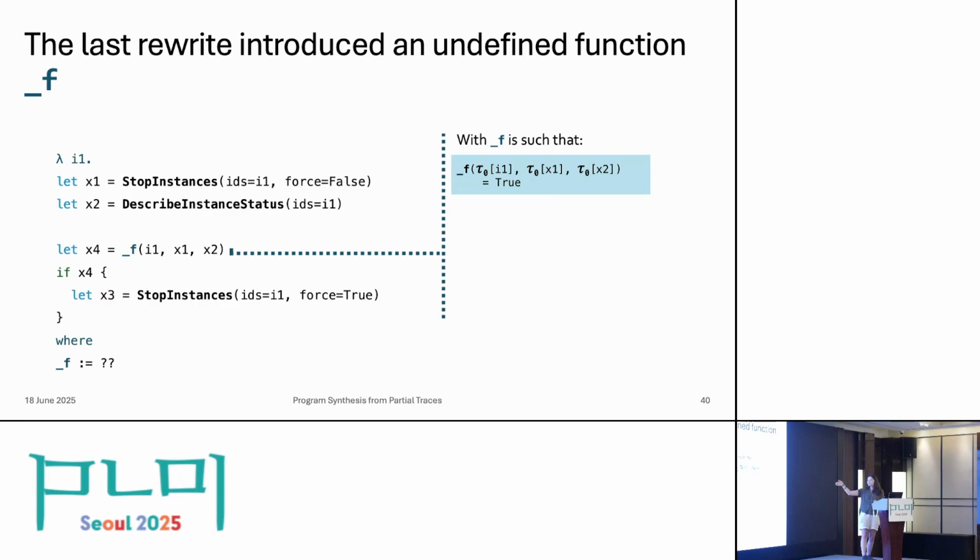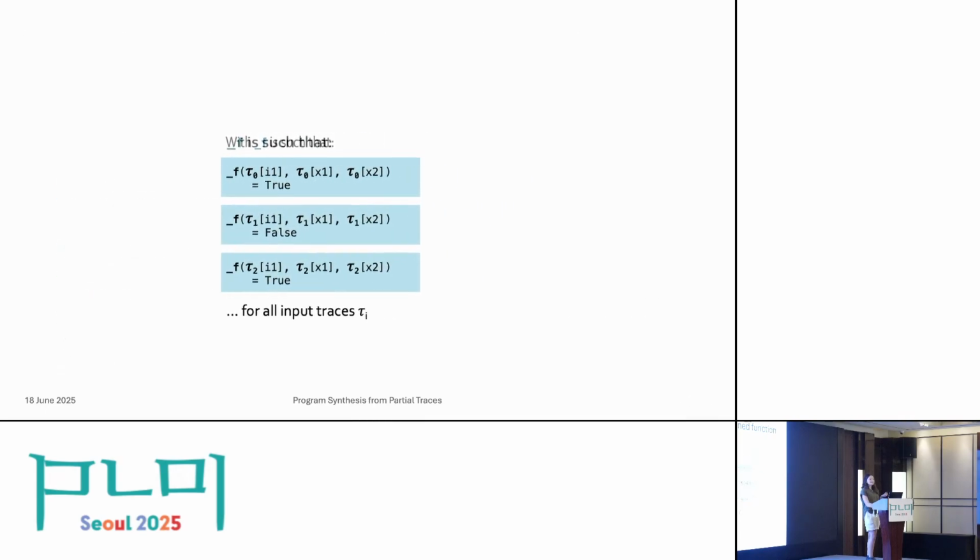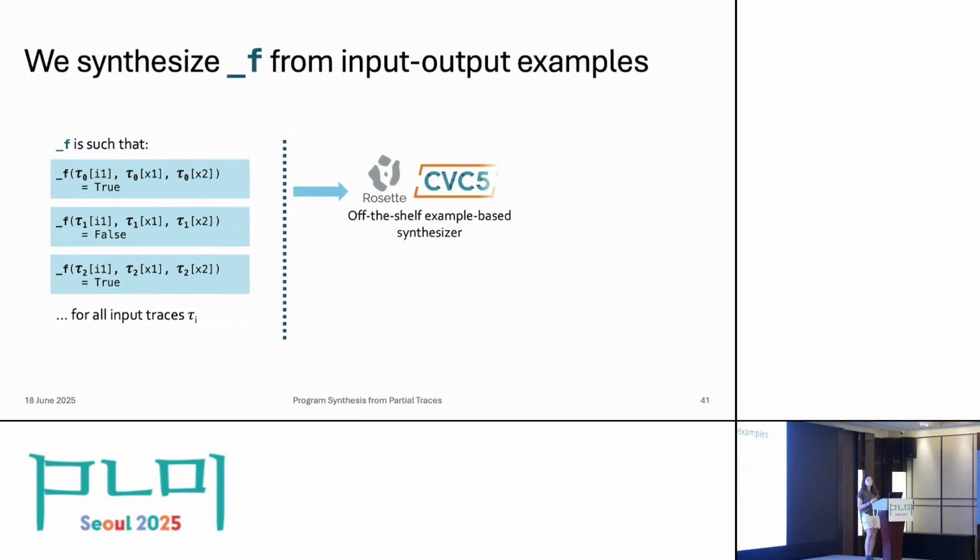We see the output to stop instances and describe instance status, which is the inputs to the function, and we can see whether or not we made that second call to stop instances, which is the output of this function. So we can go for every trace and collect the input and output pairs for this now undefined function. And this is exactly what example-based synthesizers take as an input.